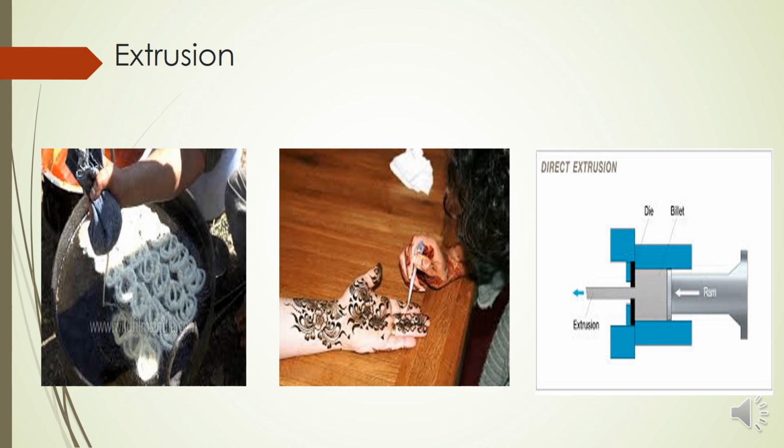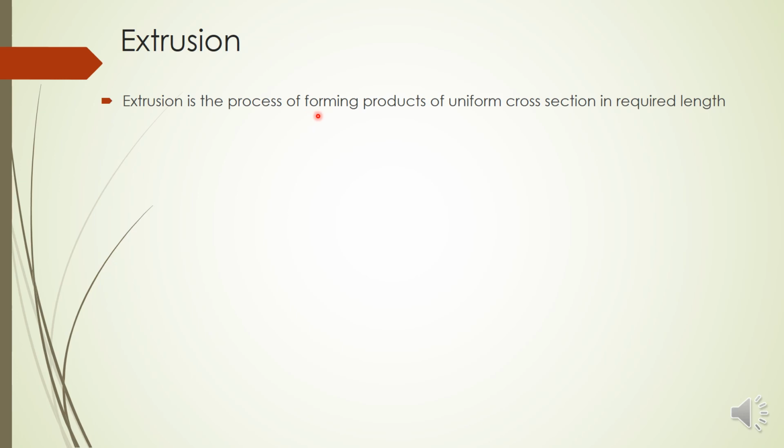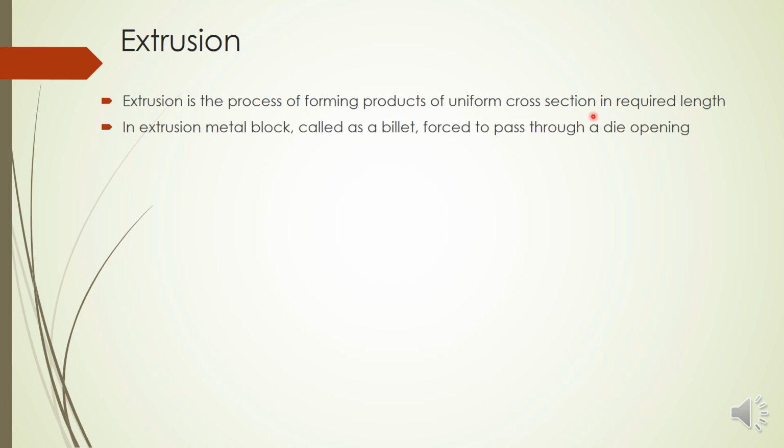So that is extrusion. Extrusion is a metal forming process to form products of uniform cross section in the required length. In extrusion we get uniform cross section products like bars, cylindrical rods or rectangular bars, etc. In extrusion, a metal block known as a billet is forced to pass through a die opening.